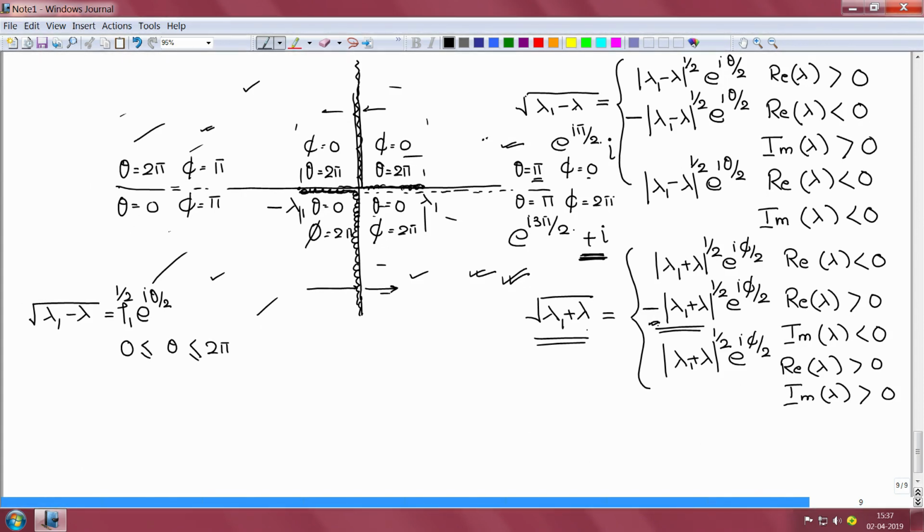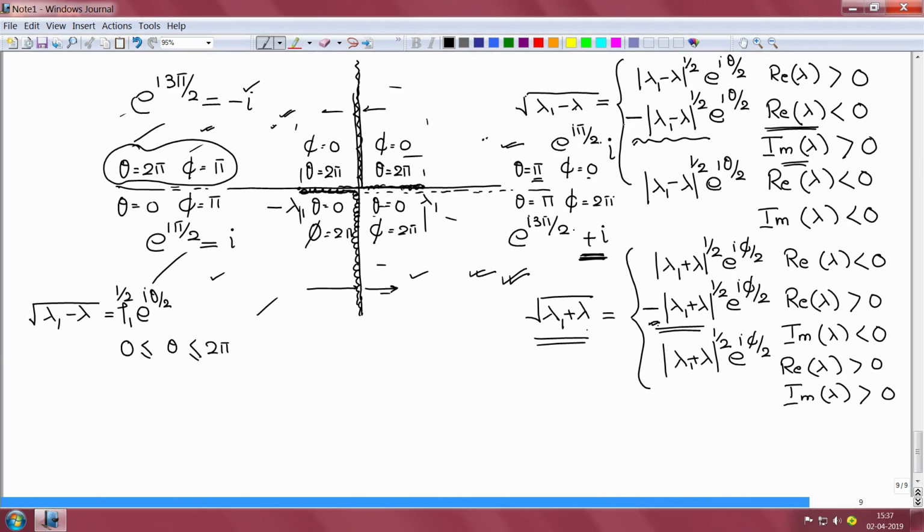Similarly, here also from below we have e to the power of i pi by 2 and therefore, it is i, positive imaginary, whereas here in this quadrant we have e to the power i 3 pi by 2, which is equal to minus i, and therefore, we modify the definition of lambda 1 minus lambda, so that when the real part is less than 0, that is here, and imaginary is positive, that is here, I have a minus sign.